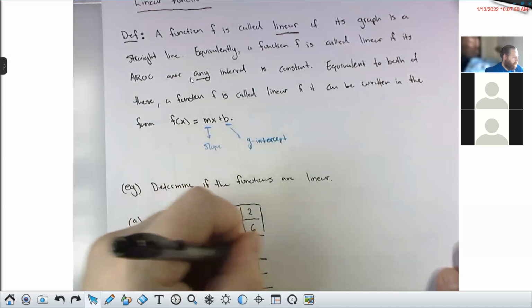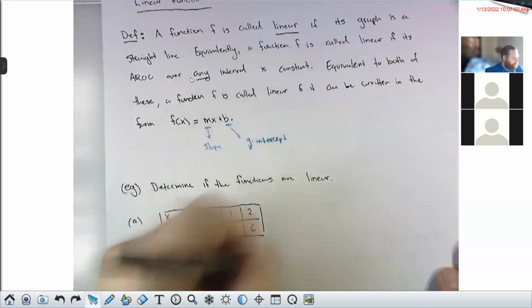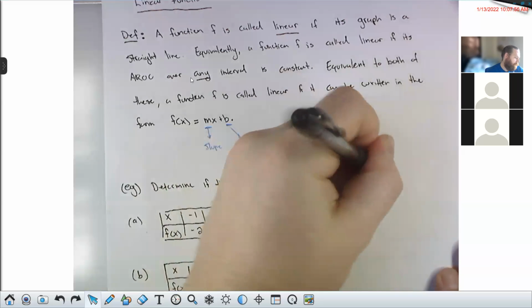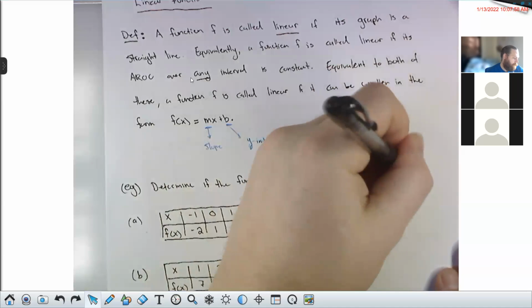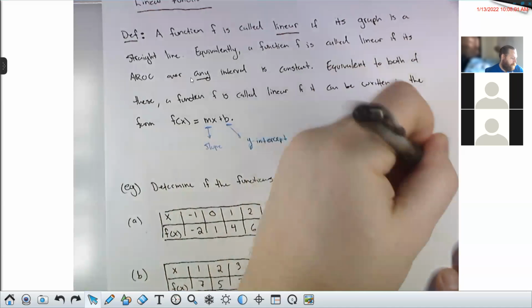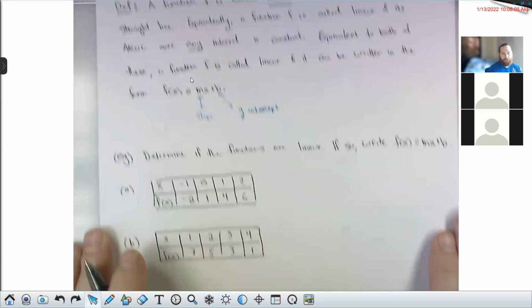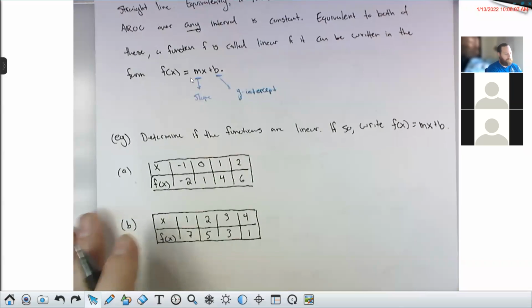And I'm going to add a little bit to this. If the function is linear, I want to put it in the form y equals mx plus b.